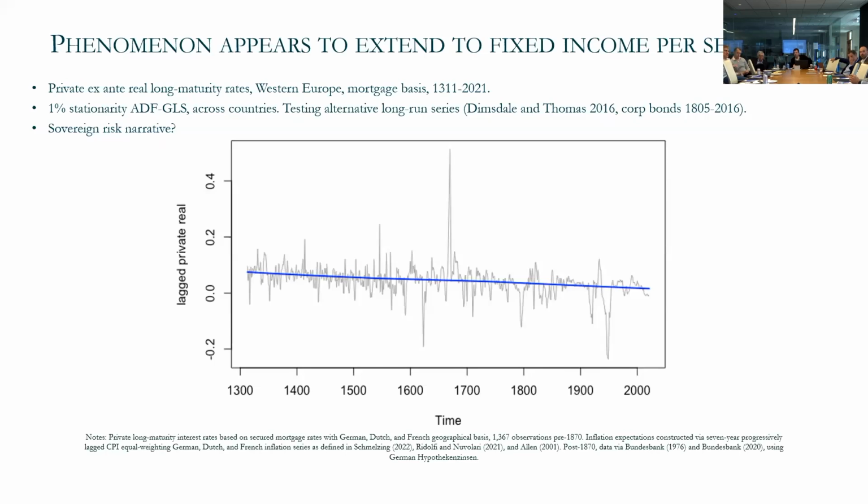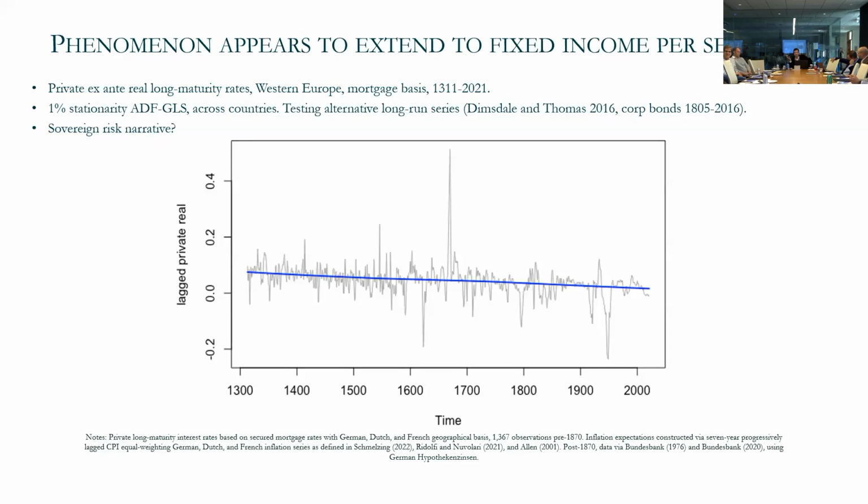There's also like a legal story there. I mean, if someone defaults on their mortgage in 1350, you don't have exactly the same recourse. Totally. But the point here is that it is not purely a story about sovereign risk if we look at a chart like this, because we are seeing the downward trend, we are seeing stationarity in non-public series as well, to the extent that we can measure them in a good way.